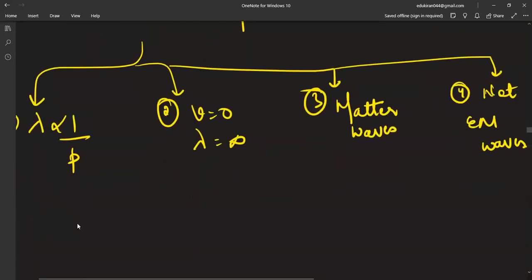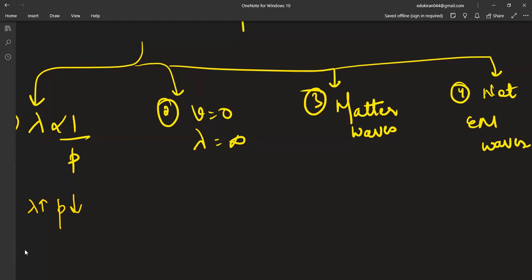See, basically the wavelength of these waves is inversely proportional to the momentum that is being produced. If you want to have a higher wavelength, you have to produce a lower momentum. That is, either the mass or velocity, or both of them should be low, of the moving electron. We're talking about the moving electrons which are producing waves.